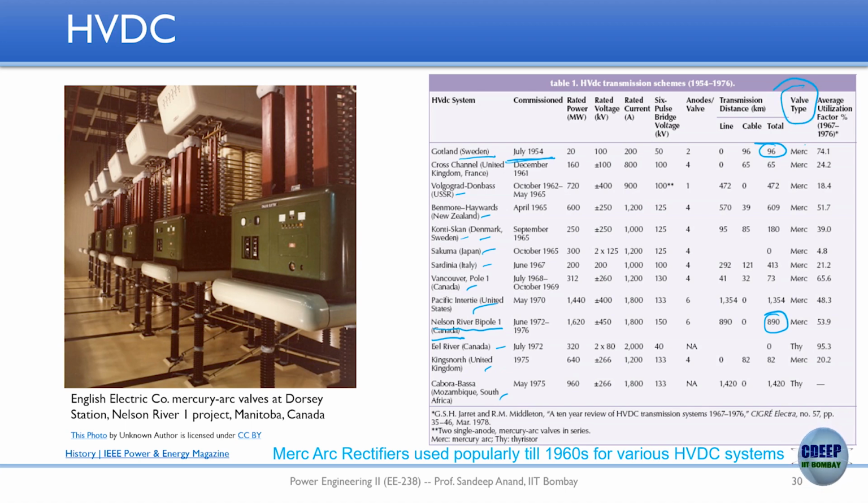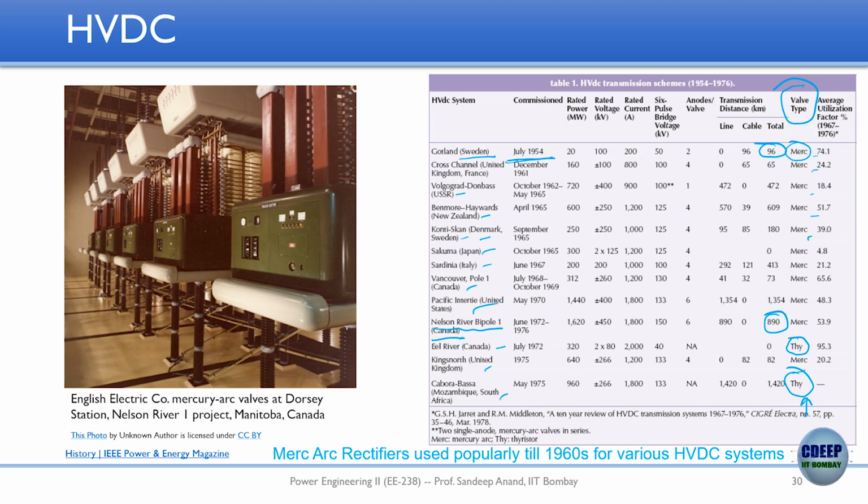MERC stands for mercury arc valve. The earlier ones all used mercury arc valves, which we saw, and later on they shifted to THY, which is thyristors, towards the 1970s. After this the mercury arc valve vanished and everything was built with thyristors. We will see what a thyristor is as we move forward, but this was one major change.